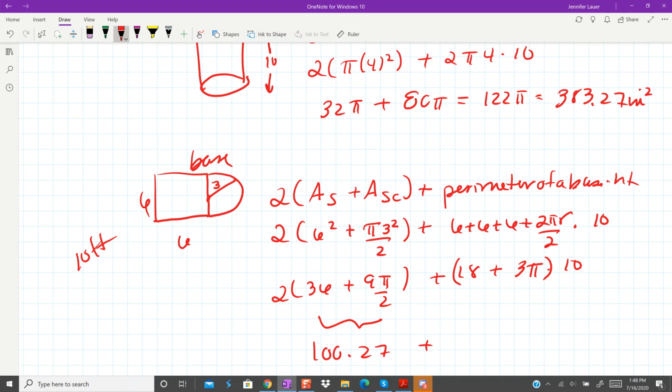Actually, let's just do 3 times pi plus 18 times 10, and this is going to be 274.25, so plus 100.27, so this is 374.52, and this one is given in feet, so it's going to be feet squared. So that is how you do surface area, and that is it for that.